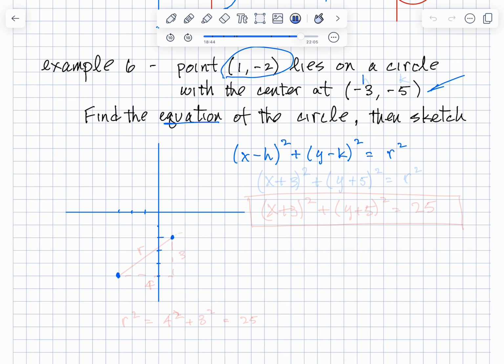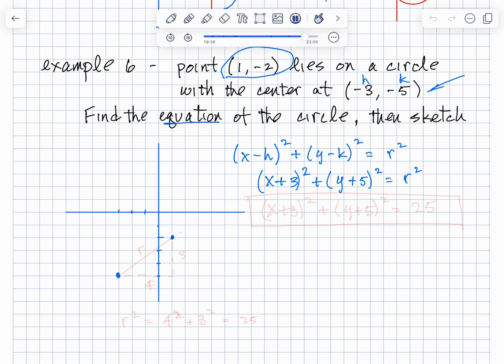So negative 3 is h, and negative 5 is k. So we can go ahead and plug it in. So we have x minus a negative 3, that's squared, plus y minus a negative 5, so y plus 5 squared equals r squared. Now we got to figure out what r is.